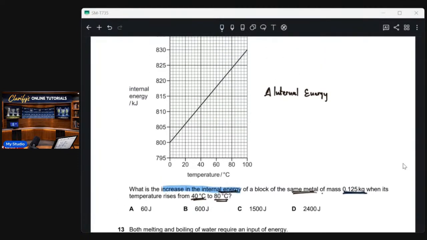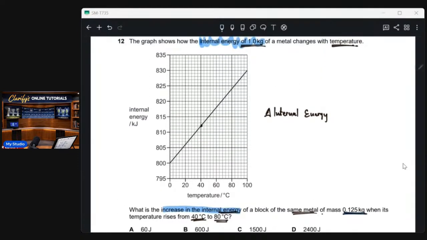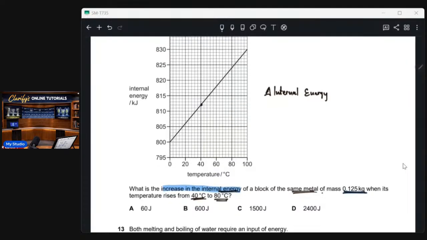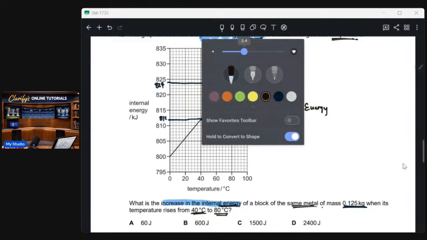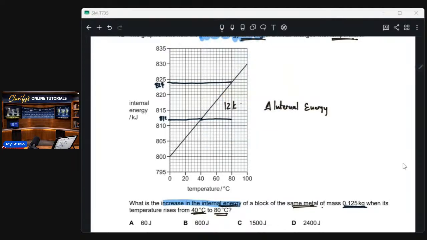For the 1 kg, when we changed the temperature from 40 to 80 degrees, the internal energy changed from 812 to 824. This is for 1 kg. The change was 12 kilojoules.